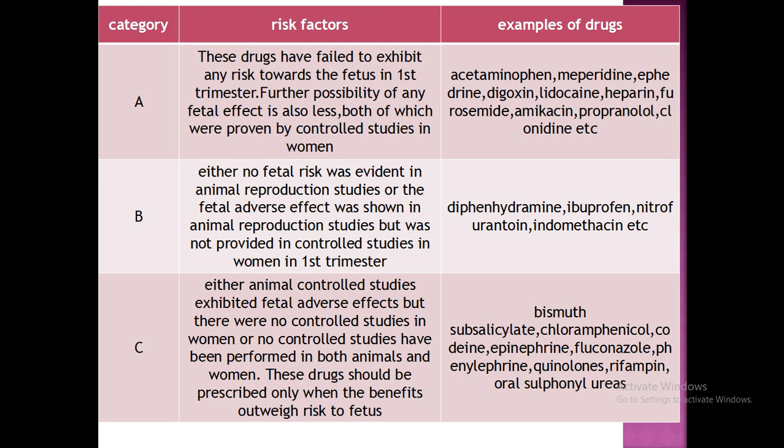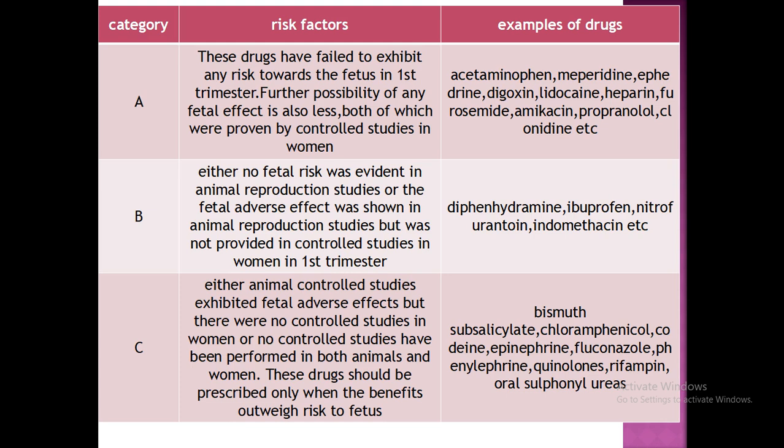Category A drugs have failed to exhibit any risk towards the fetus in first trimester. So they are considered safe. Further possibility of any fetal effect is also less, both of which were proven by controlled studies in women. So we have proper established studies that category A drugs are safe during pregnancy.